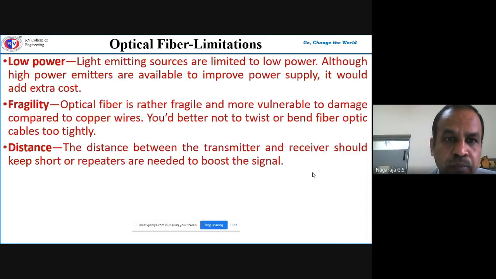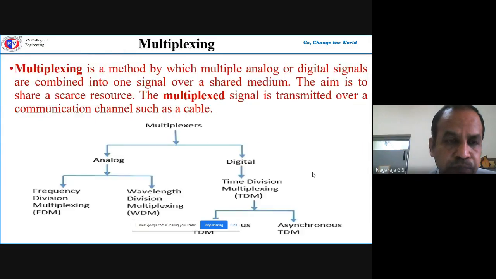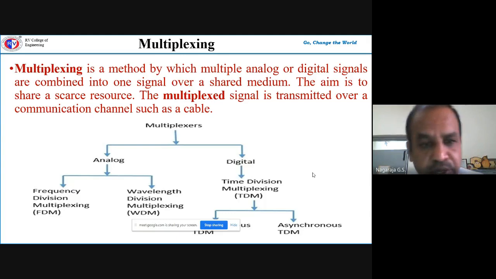Then coming to the limitations, we understood low power, fragility, and distance coverage. These are some of the things we discussed in the last class. Let us continue in today's class.